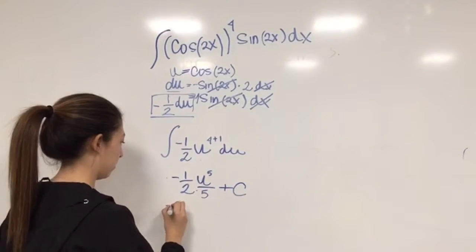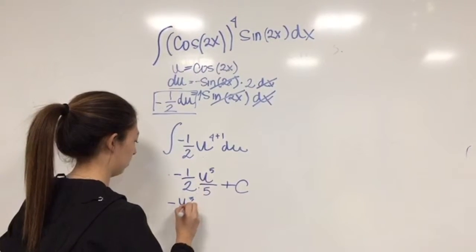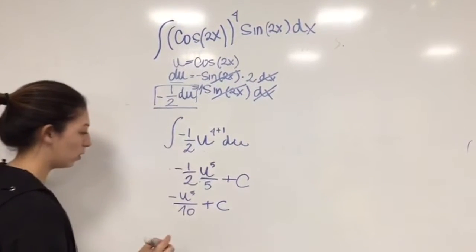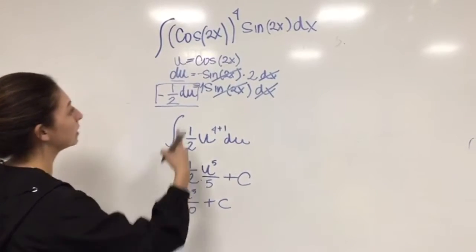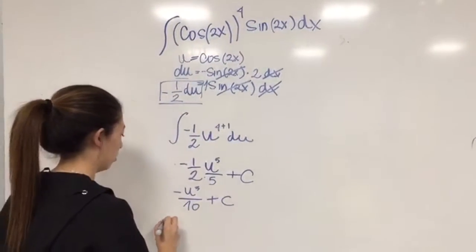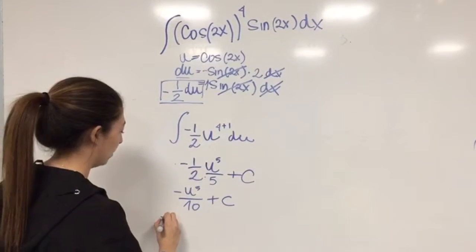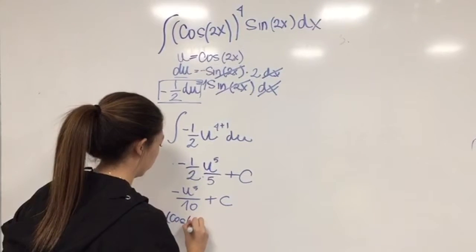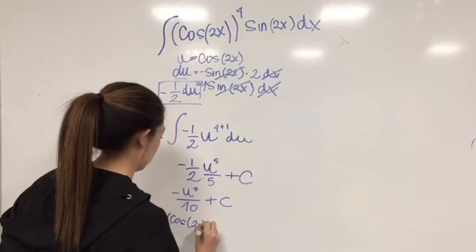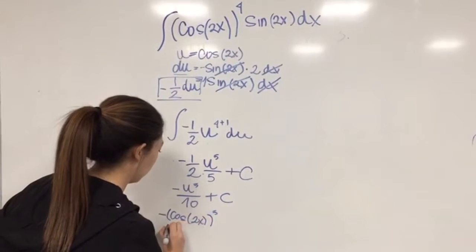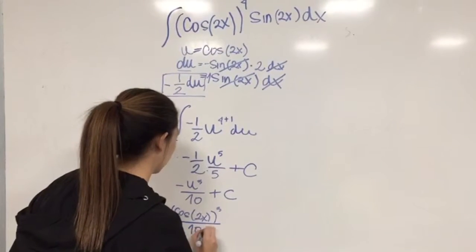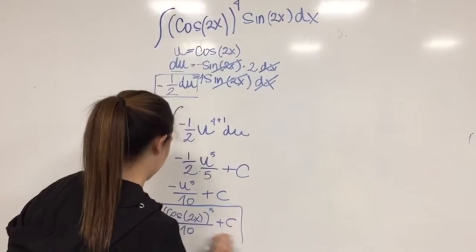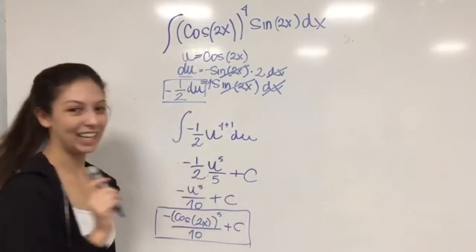So now negative u to the 5th power over 10 plus c. And now we replace the u, that is this one, so it will be negative cosine of 2x to the 5th power over 10 plus c. And that will be the answer.